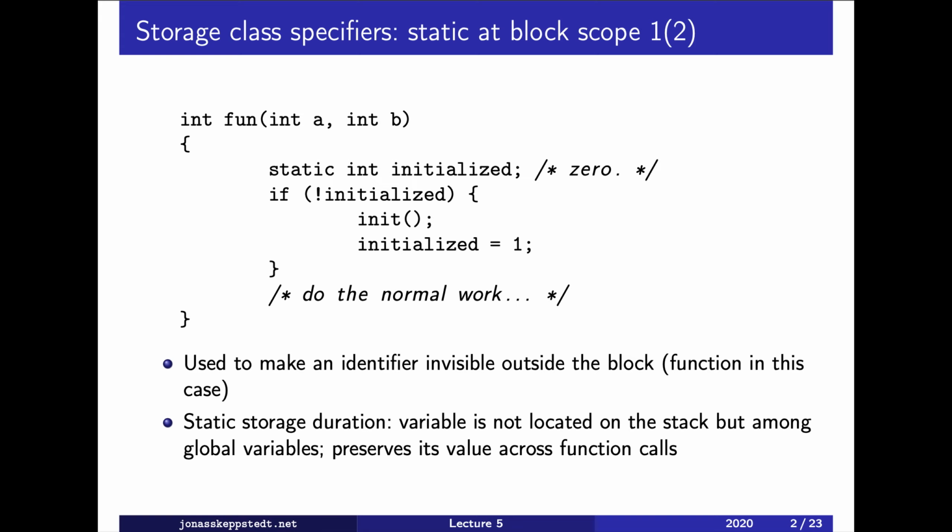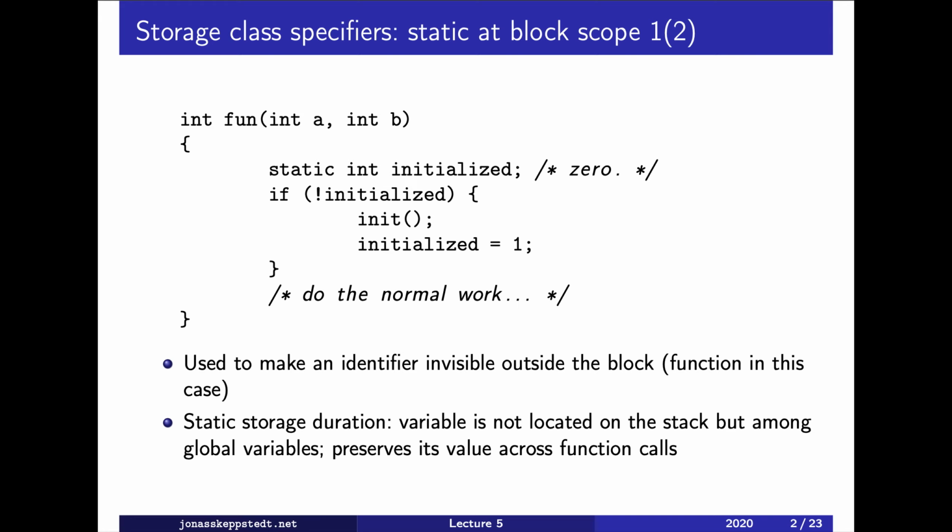We have already seen the static storage class specifier, and if we use static with the global variable or with a function, then that global variable or function are only visible within that file.